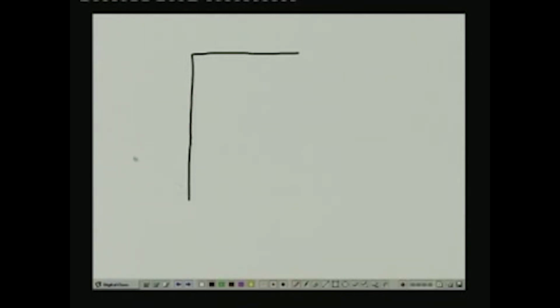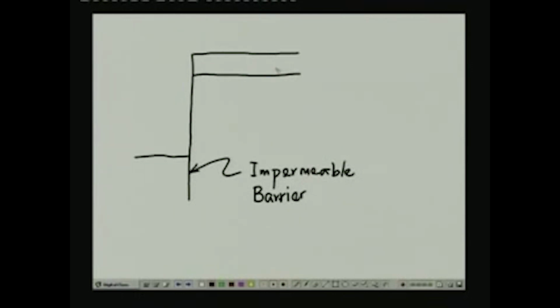This is the section that I am drawing here. So this is my impermeable barrier. And what I have is a groundwater table originally at 1 meter below ground surface, which is out here. So this one here is the ground surface, and this is the water table.